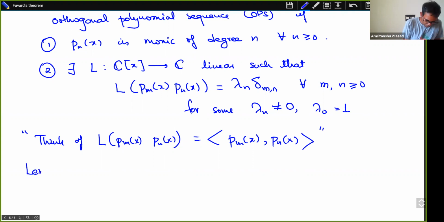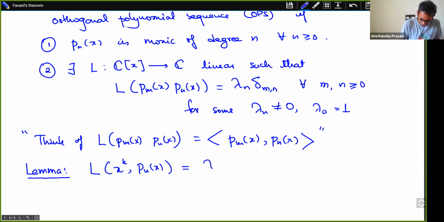And so now the lemma is that we can characterize this in a slightly different way. L of x^k P_n(x) equals lambda_n delta_{kn} for all 0 less than or equal to k less than or equal to n. So now we are only assuming k is less than or equal to n, not allowing all k. And here we are allowing all m and n.